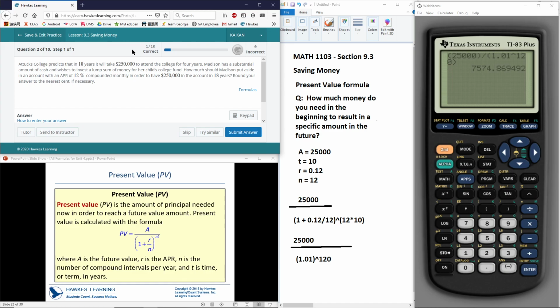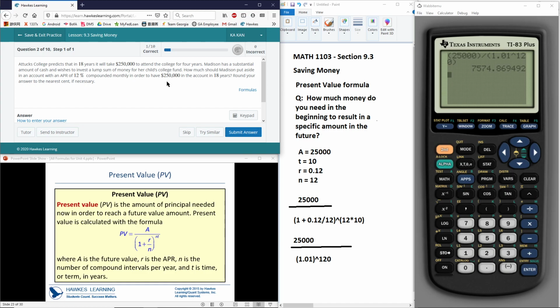So this guy has 18 years. It will take $250,000 to obtain the contract for 4 years. So this guy is trying to put money into an account to save up for $250,000.